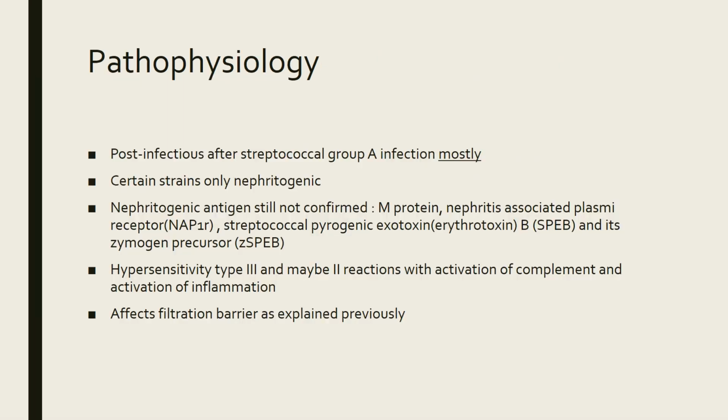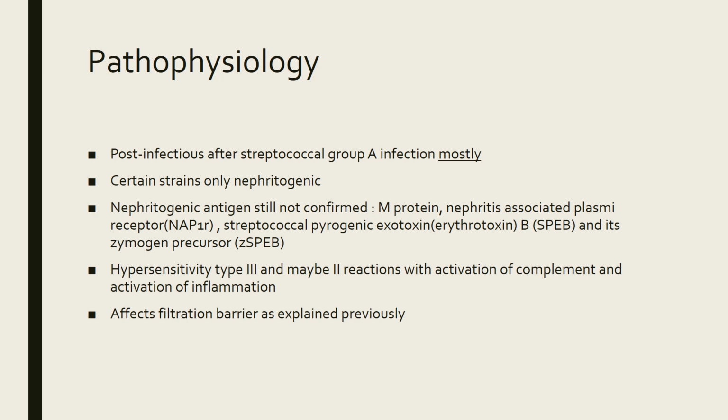So post-strep glomerulonephritis by now has been proved to occur as a post-infectious non-suppurative complication of group A strep infection. It's now known that not all strains of group A strep will cause it. They're actually nephritogenic strains.